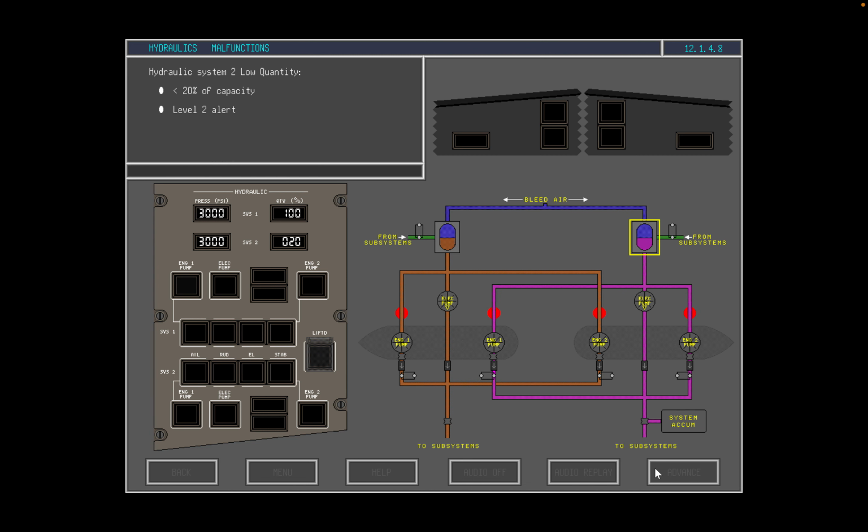A Hydraulic System 2 low quantity causes a Level 2 alert when reservoir quantity falls to approximately 20% of capacity. The quantity indicator at the hydraulic panel displays the percentage of reservoir capacity remaining, and the amber low quantity light illuminates. The amber master caution lights at the glare shield panel flash and a double chime sounds.